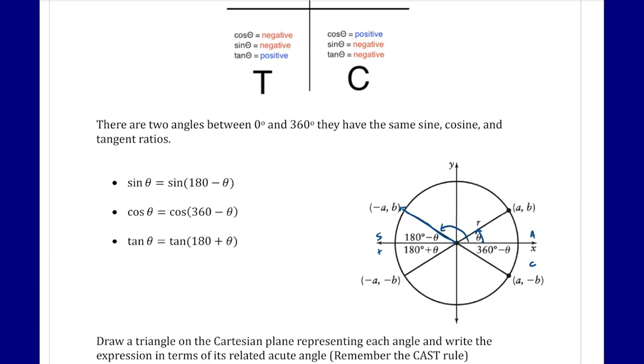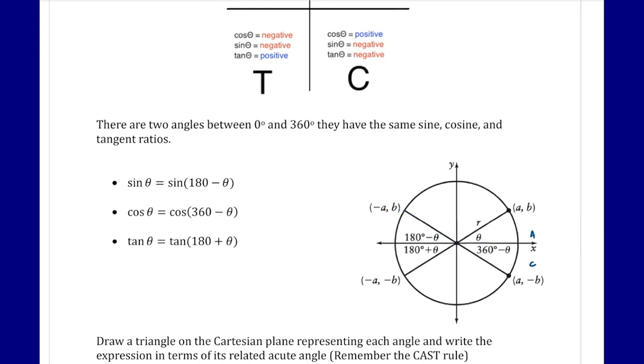So we're always going to be using theta as a reference angle, so to speak, and then either adding it or subtracting it from 180 or 360, whatever the case may be, to find what the angle will be. So in this case, we would have two angles here, this one and this one, that if we were to do sine of those angles, we would get the same answer.